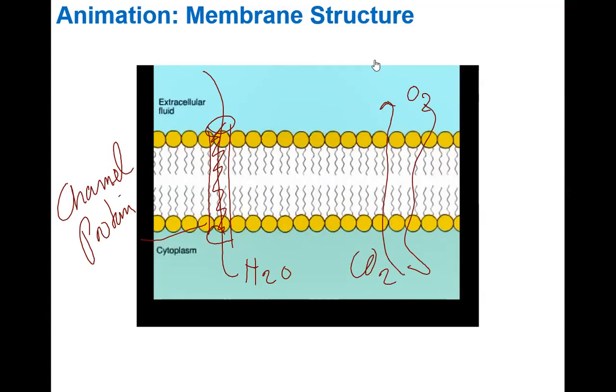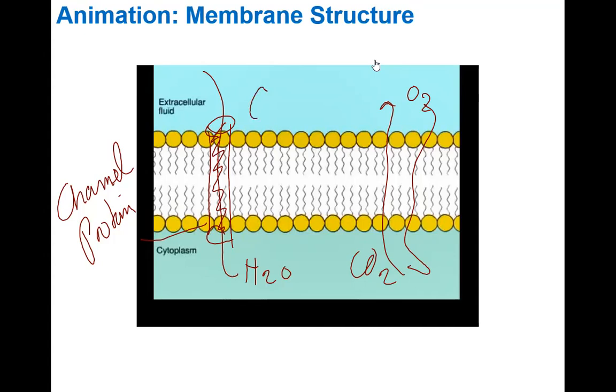Water can't get into the cell, and water can't leave the cell. But if we have channel proteins, then they can go back and forth. Now, whatever leaves the cell is usually matched by whatever's coming in. And so we will have a movement of water back and forth, but it's usually a balanced movement. If you have ions that you want to get in, how about glucose?